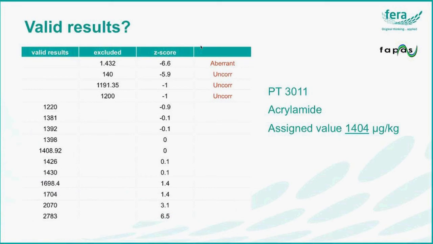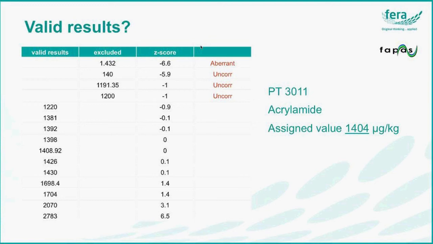First of all, we need to decide which of the results we include in the assessment of the assigned value. In other words, which values are valid for the calculation and which are not valid and excluded from that calculation. All results will still get a Z-score, but not all will be included in the calculation.